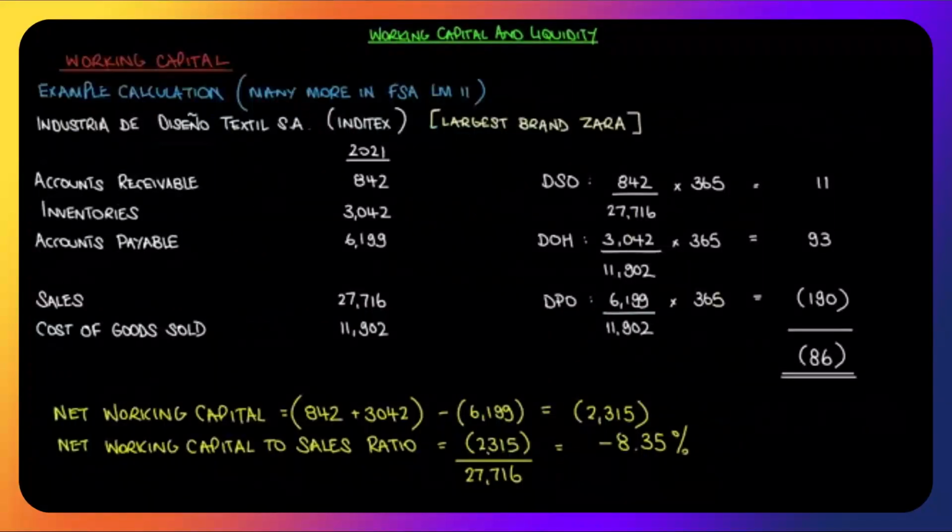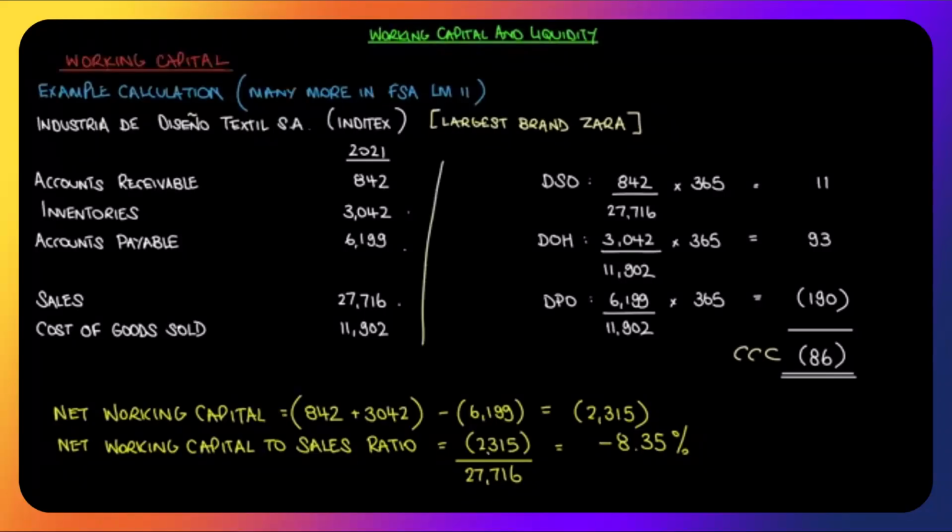Let's confirm that relationship holds by looking at Zara again. Now, as I've noted, more of this in FSA Learning Module 11 if it's exciting you. This is exactly the calculation we looked at earlier, getting down to the cash conversion cycle of negative 86.